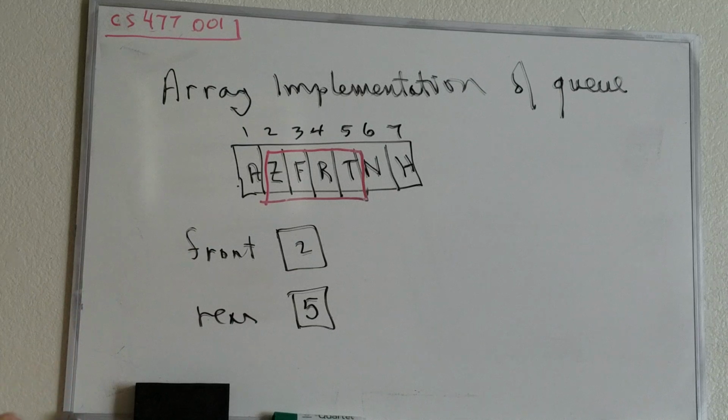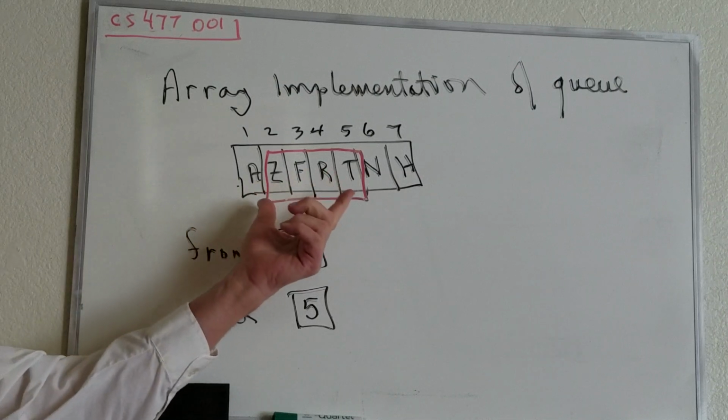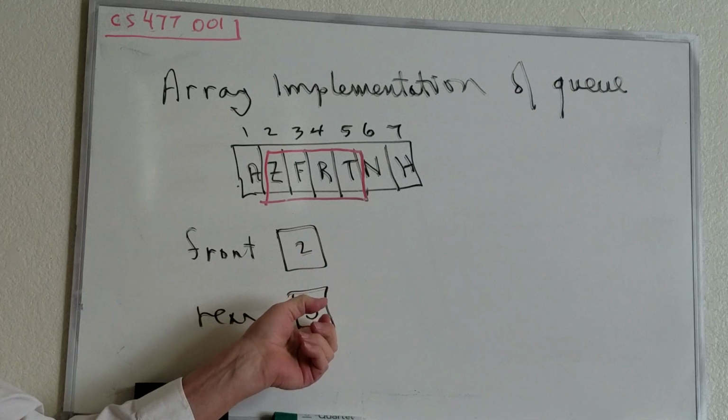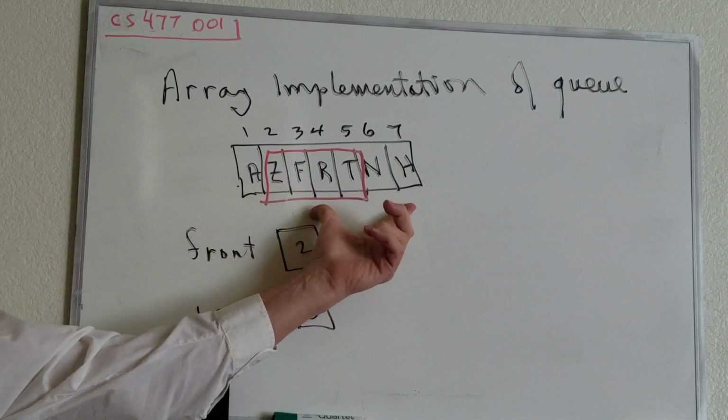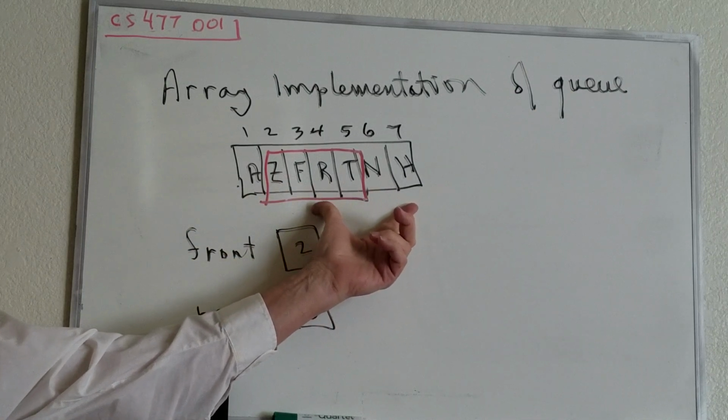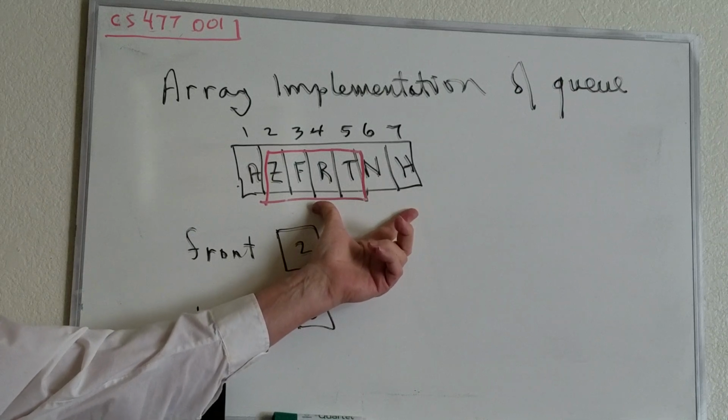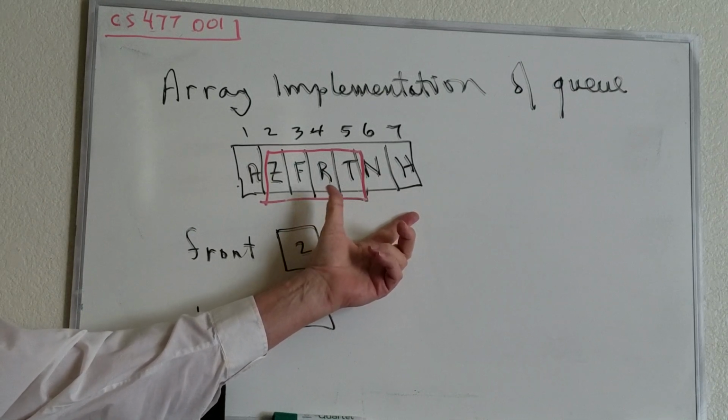Now you can see right away what the problem is. The problem is that we could run to the end of the array even if we have items in the queue. Suppose that rear is 7, front is 2, and we want to insert someone. Well, there is an empty space, but we can't use it because we're already at the end of the array.